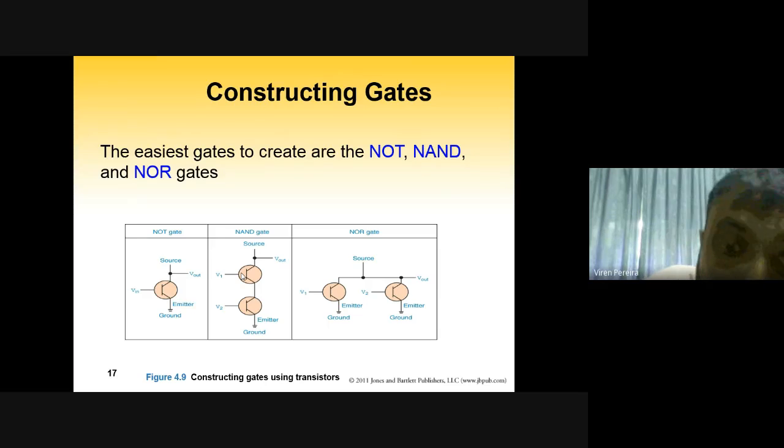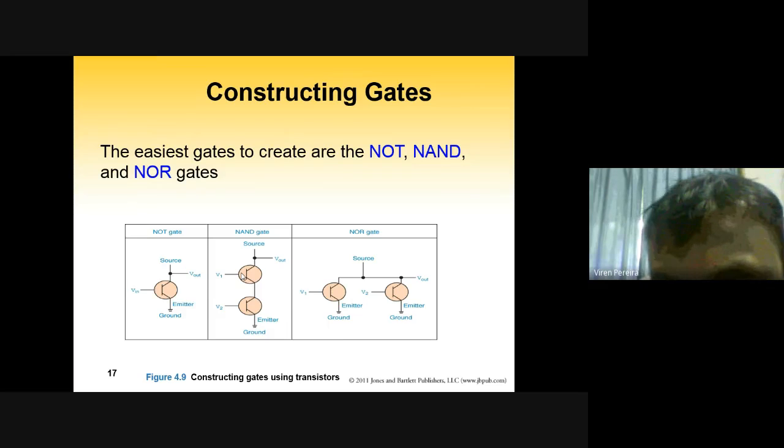Now, say for the condition of 0 and 1. Say V1 is 0. What will happen? Transistor 1 is still open circuited, so your source and emitter are not shorting. But for V2, you are given a 1. So what happens to the source and emitter? It shorts, right?